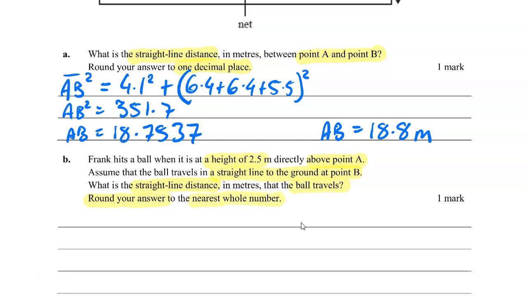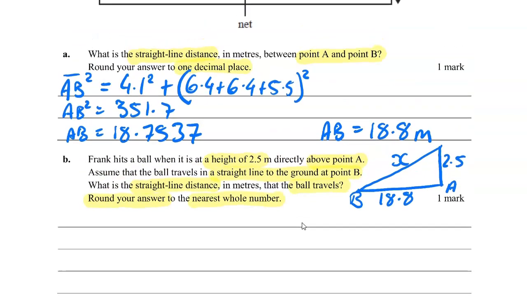So let's draw a little diagram of what happens there. Okay, so he's at point A, it's 2.5 meters above the ground. We've got B there. We know that distance AB is 18.8. So we want to find that distance x. Again, it's a Pythagoras theorem question.